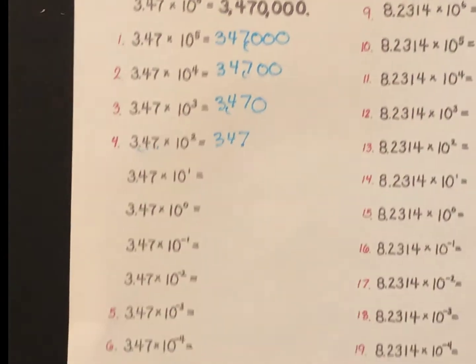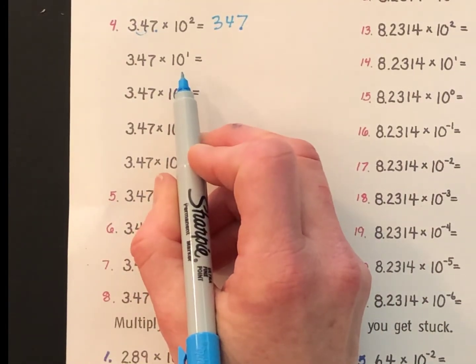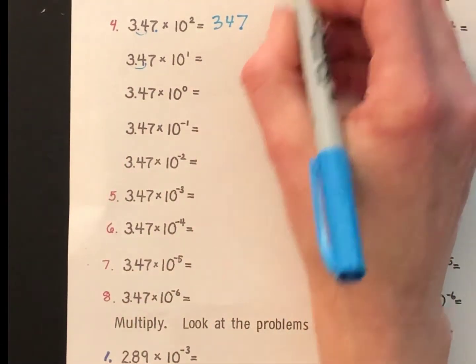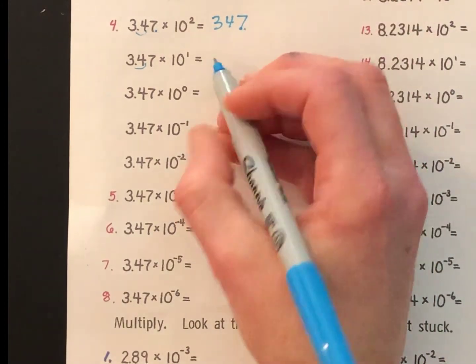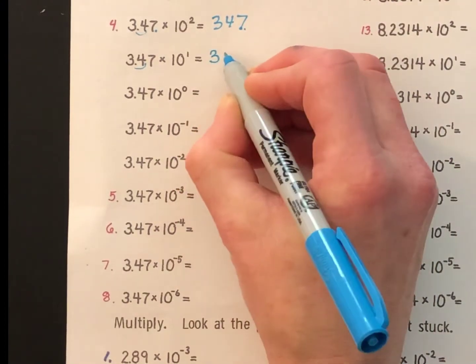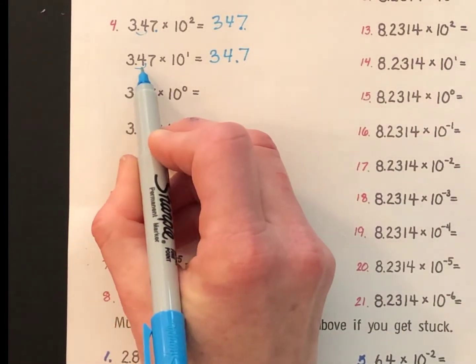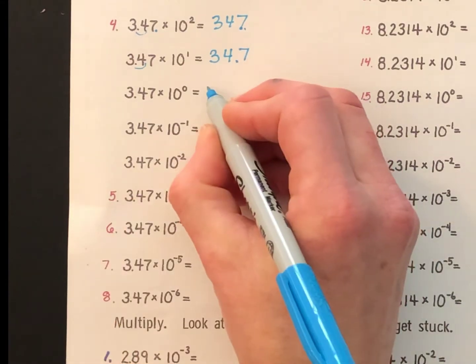Now I'm only moving it 1 place, so each time the decimal moved over 1. This time it's going to be 34 and 7/10, because I'm only moving it 1 place. Well, 10 to the 0 power, it stays the same.